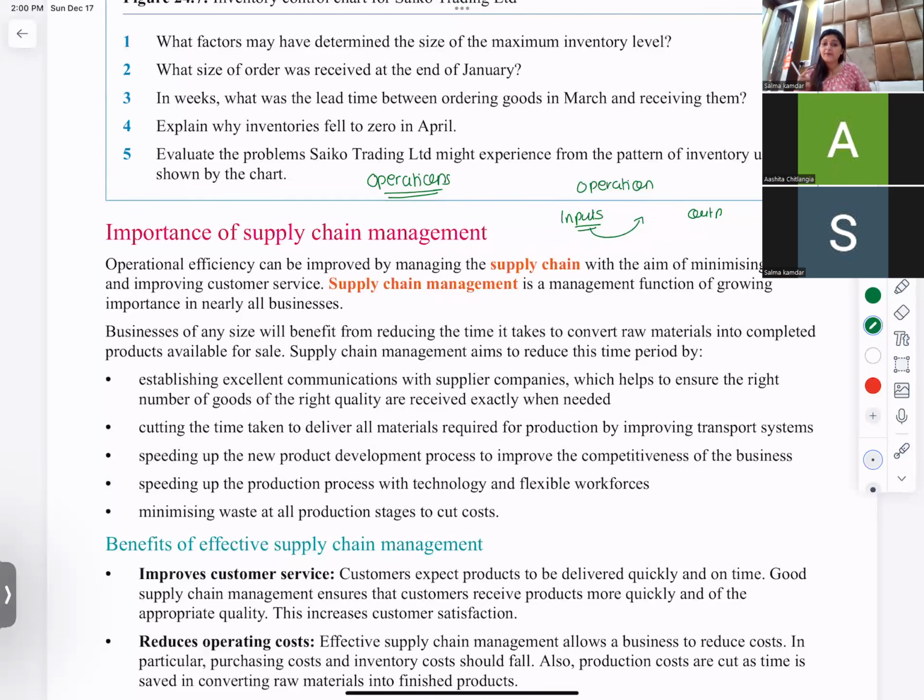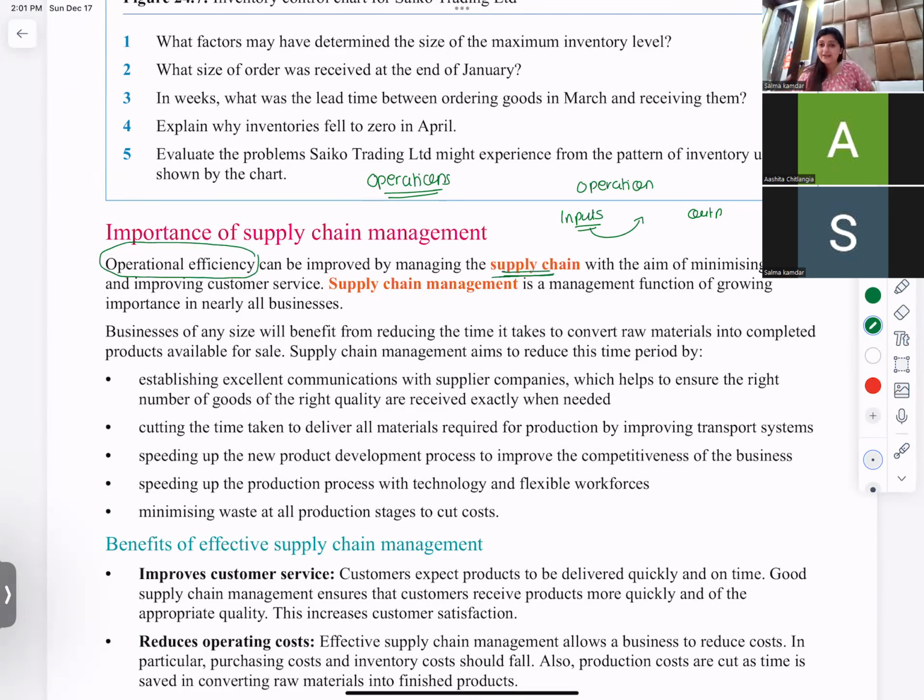When I'm talking about operational efficiency, that means I am talking about managing the supply chain.